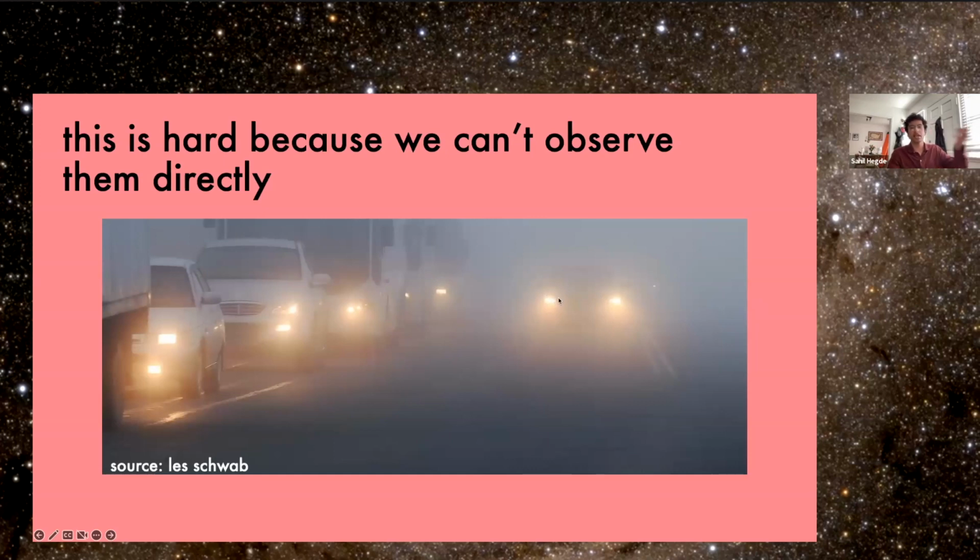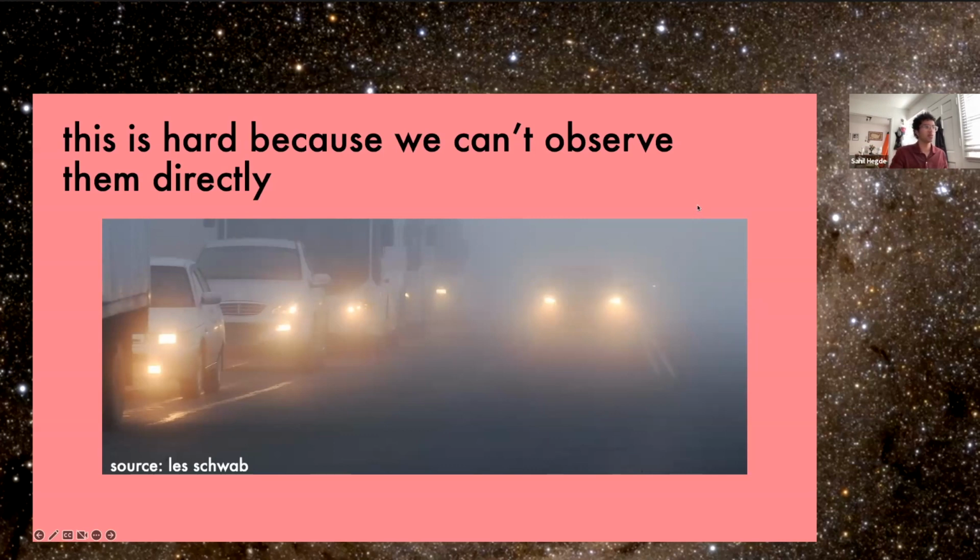All you can really see are the headlights. And even those are kind of obscured by the fog that's in between you and those lights. Except in this case, these lights are millions, trillions of miles away, and the fog is almost opaque to the light, so we can't actually see anything that comes through it.